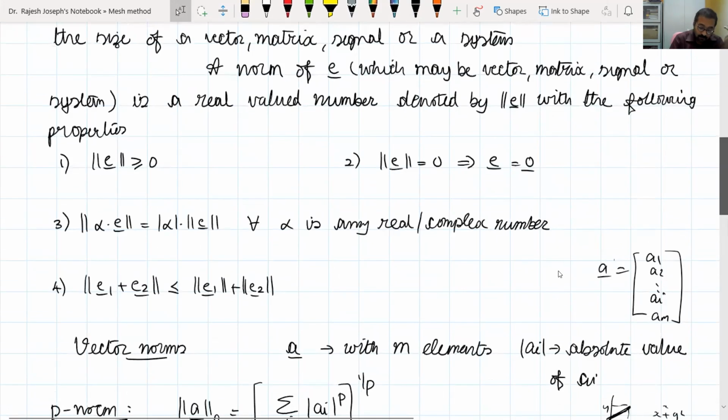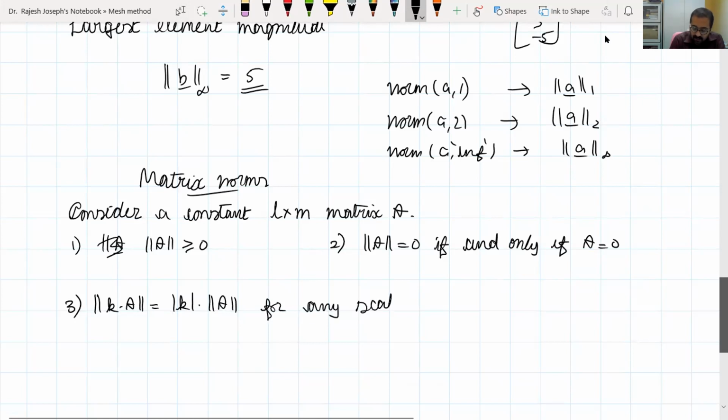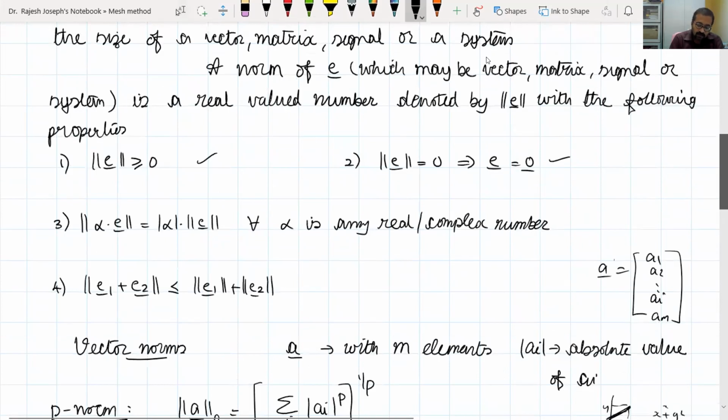Then the norm of K times A should be the absolute value of K into the norm of A, for any scalar K. That also comes from the norm definition and norm properties.